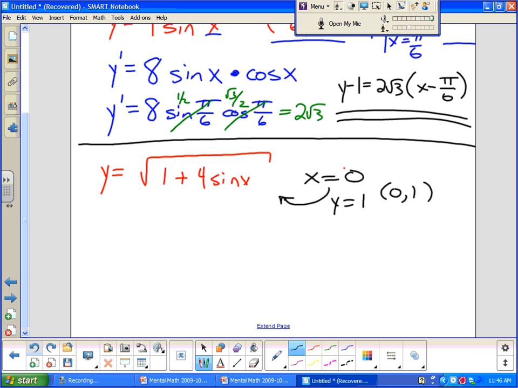We did some of that a couple days ago. But this time we just have to find the slope of the tangent, which means take the derivative and evaluate at 0. So we're going to do y prime evaluated at x equals 0. I need that slope.